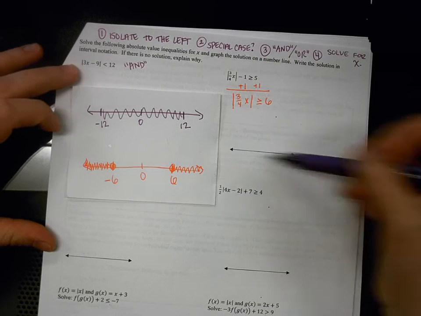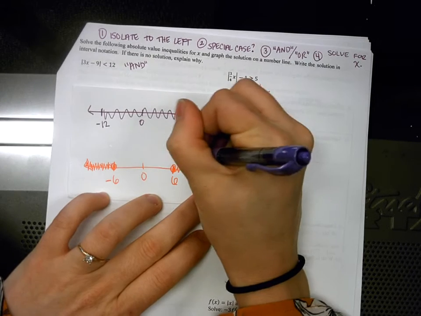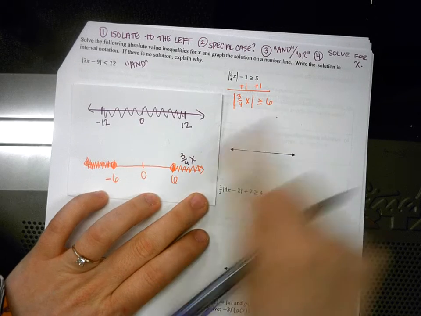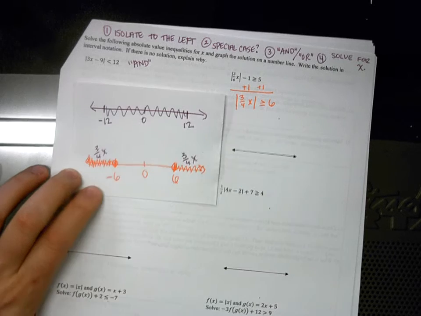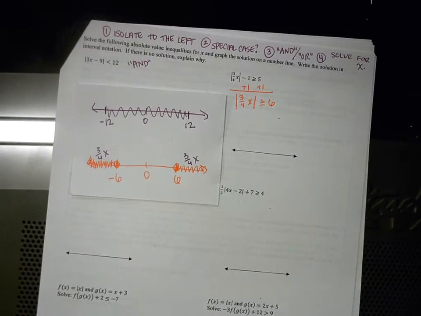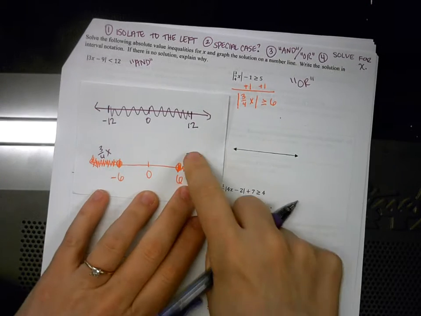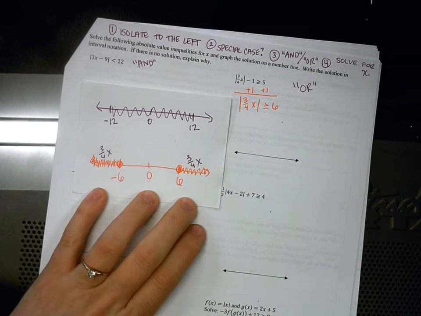This is not what you're going to graph on your number line at the end. This is just for the part that's inside the absolute value. So this 3/4 x right here has to either be greater than 6 or less than negative 6. That's why we split it into 2 equations, and this one is called an OR problem, because 3/4 x is greater than 6 or 3/4 x is less than negative 6.